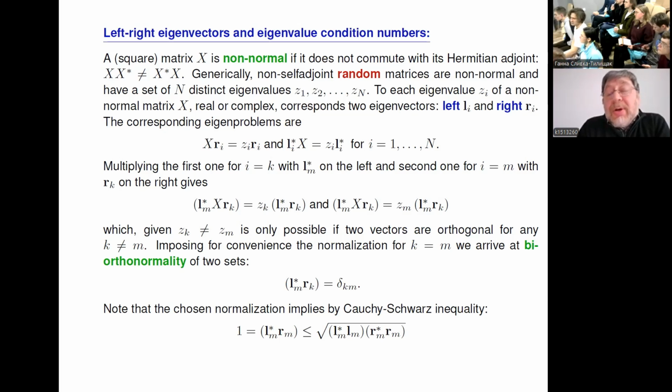They may be either complex or sometimes real. We will see such instances.